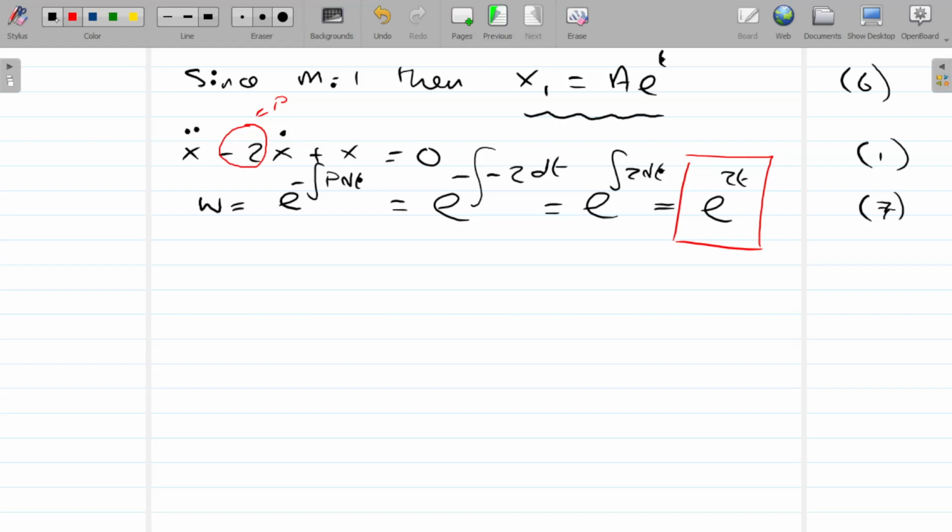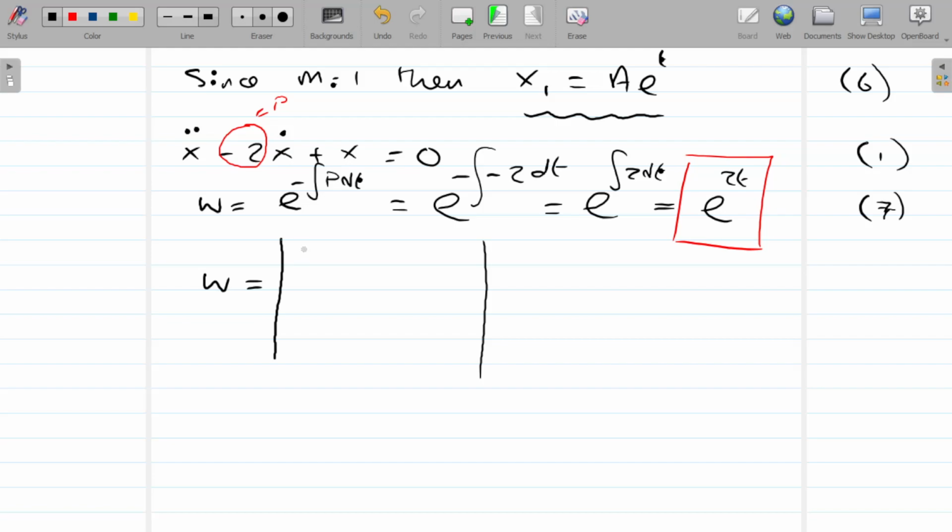Now, the other way to find the Wronskian is to calculate the determinant of effectively the equation. So let me just show you how that is done. We form this mock-up, as it were, as follows.